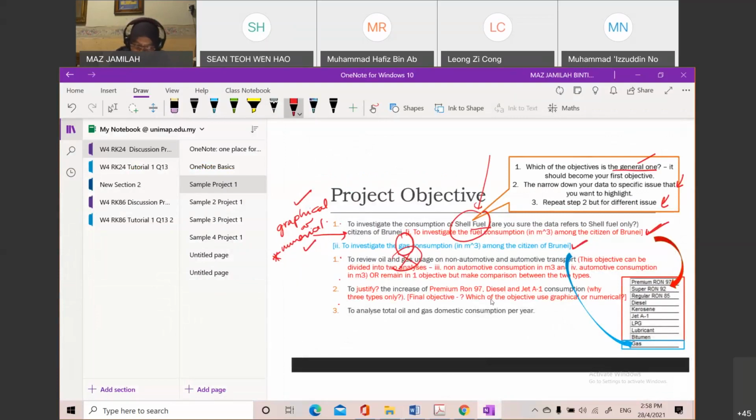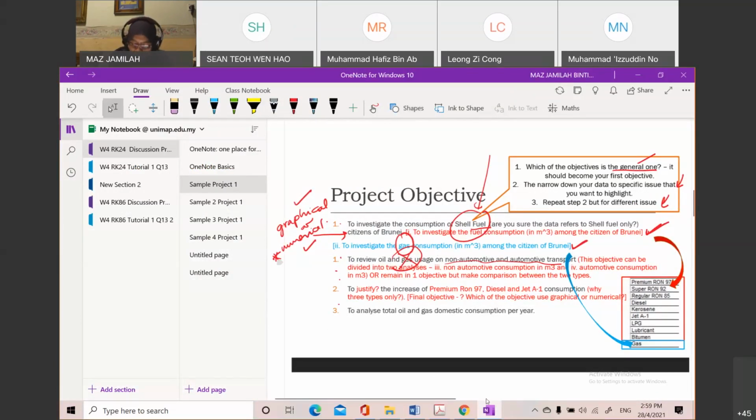Then for the third objective and the fourth objective, for this group he used automotive and non-automotive. He used the cluster. The group classified into two, non-automotive and automotive transport.